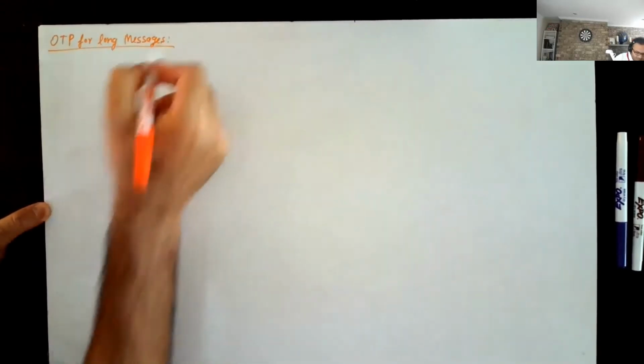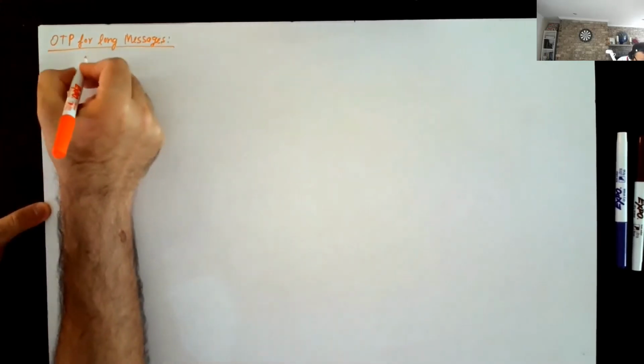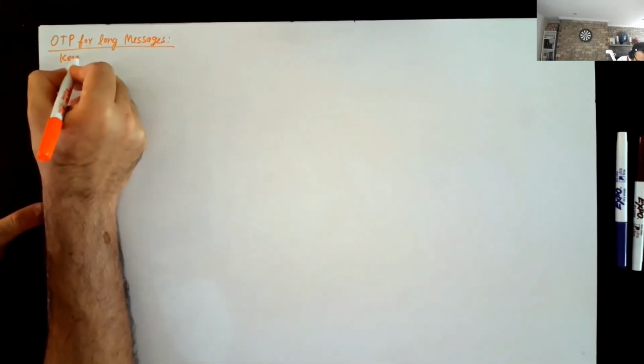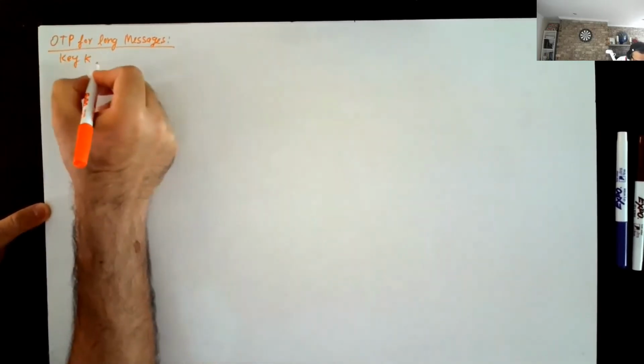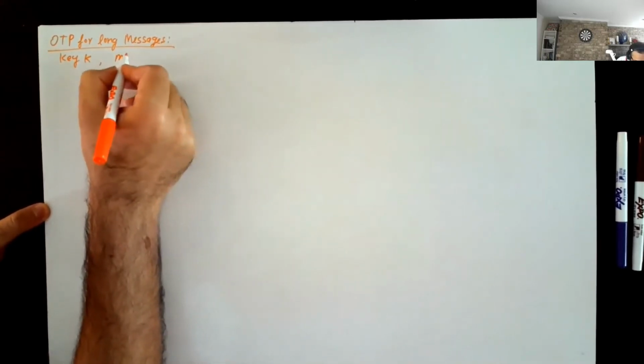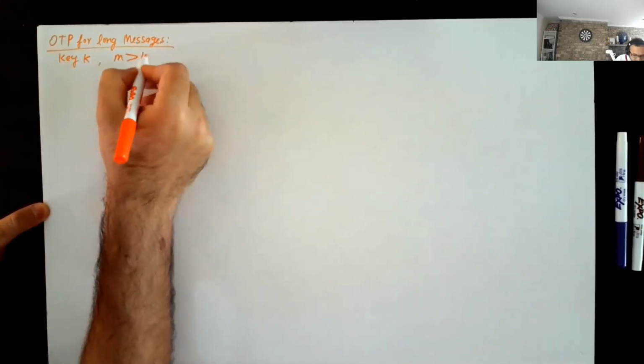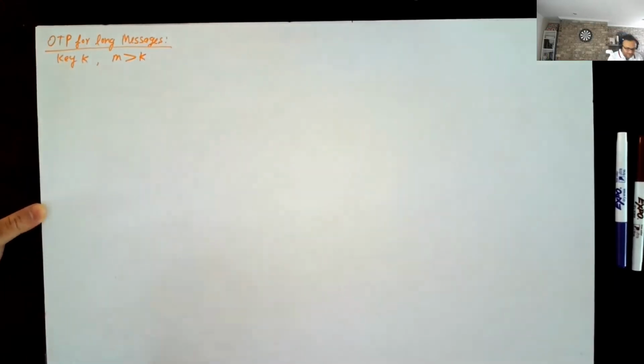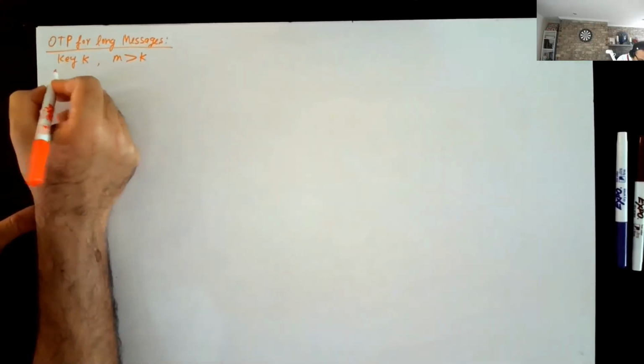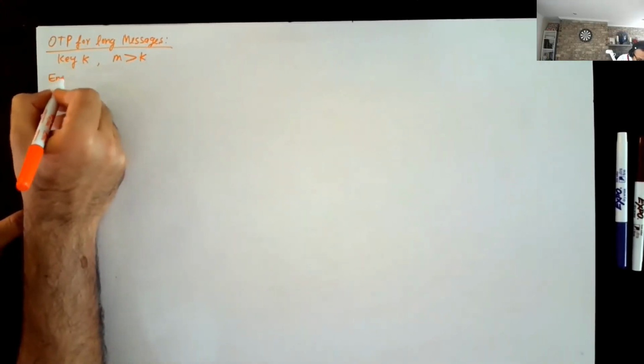Okay. Now let's assume that your key is K. I'm just writing things informally, and let's say your M is larger than K. It can be much larger than K. Okay. Then what does your encryption do?